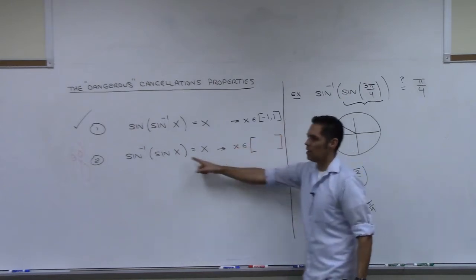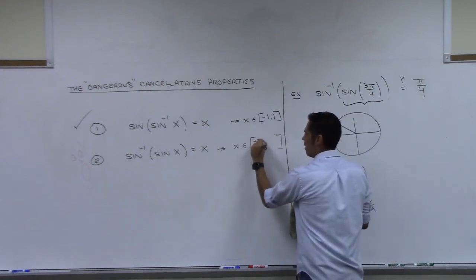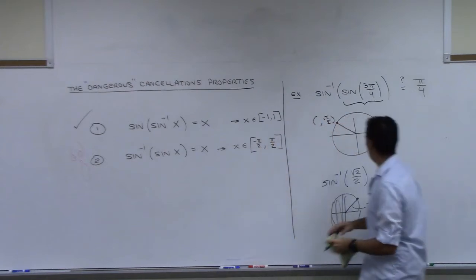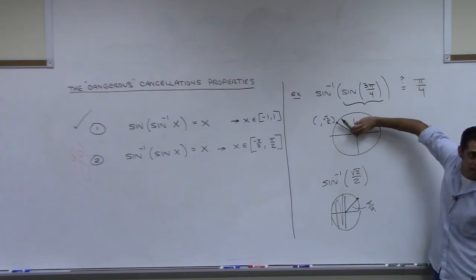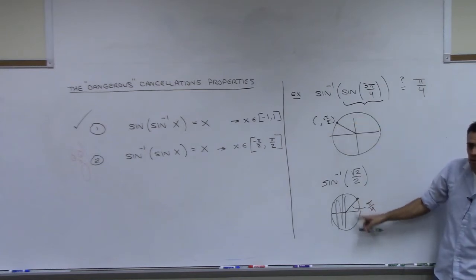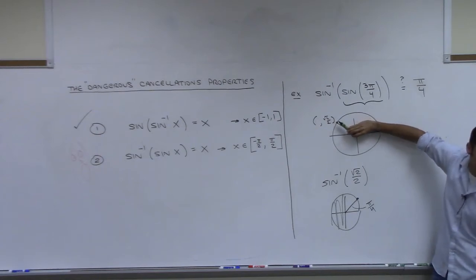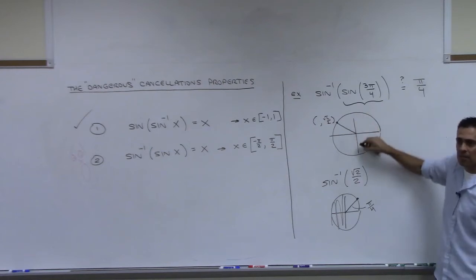If the x you plug in is between negative pi over 2 and pi over 2. See, this angle 3 pi over 4 was outside of this restriction. So if I pick an angle that's outside of that, then it's never going to spit that angle back to me. If the angle is inside here, it will spit that angle back to me.